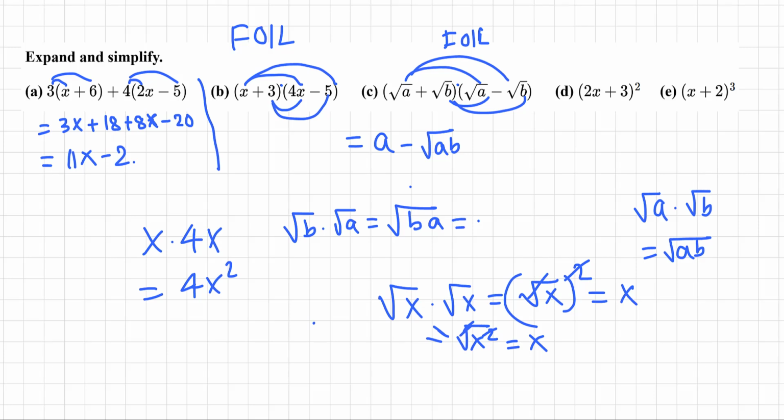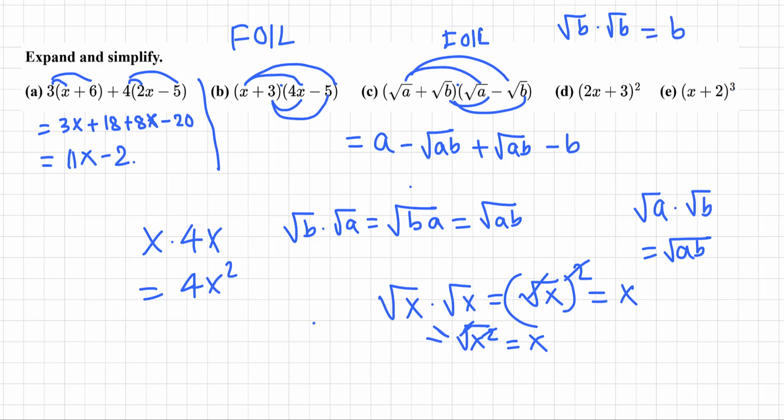But ba can be written as ab, because it's multiplication. So let's go this way. So plus root ab, and the last, positive negative negative, root b times root b, and we know this rule, so we simply get b.